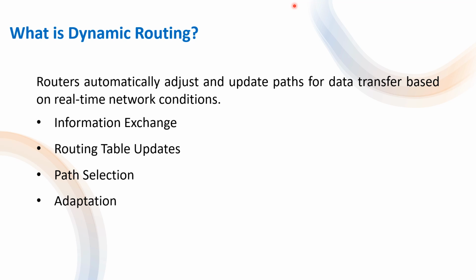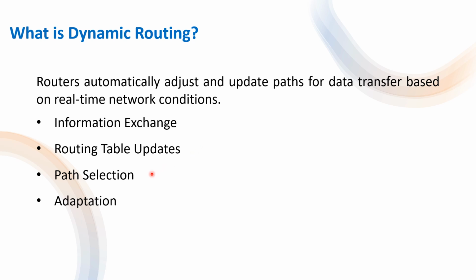Some of the key factors of dynamic routing are information exchange: routers share details about the network, including routes and their metrics like distance and cost. Routing table updates: routers update their tables with the latest information to reflect the current network paths.